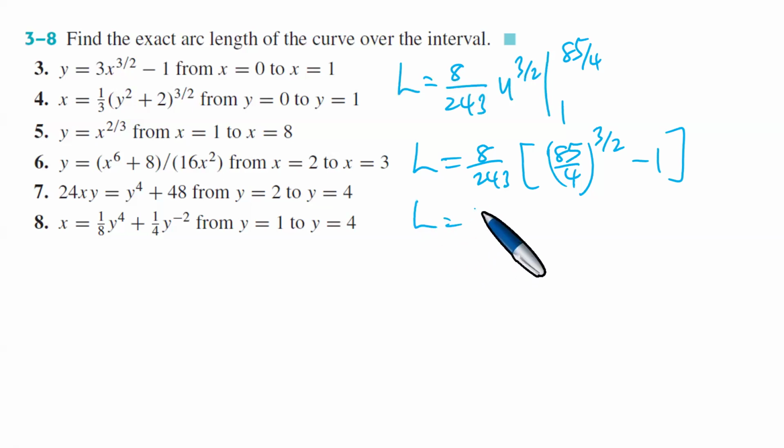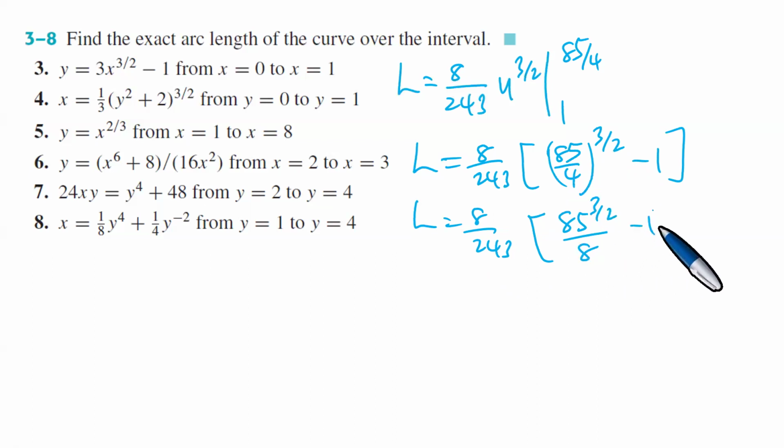For example, you can write it as 8 out of 243. And then this one is exactly 85 to the power 3 out of 2. Then 2 to the power 2. 4 to the 4. The 4 is 2 to the power 2. The 2 cancel. 2 to the power 3 is 8 minus 1.